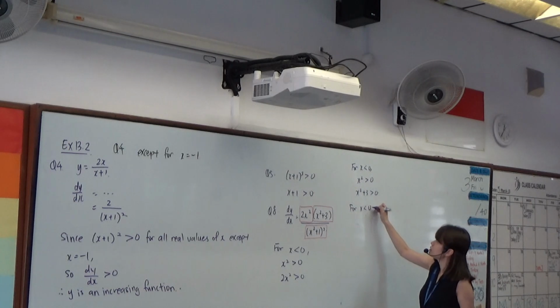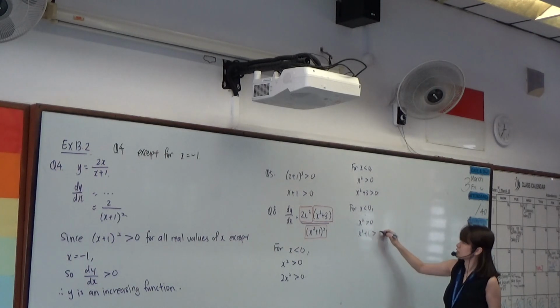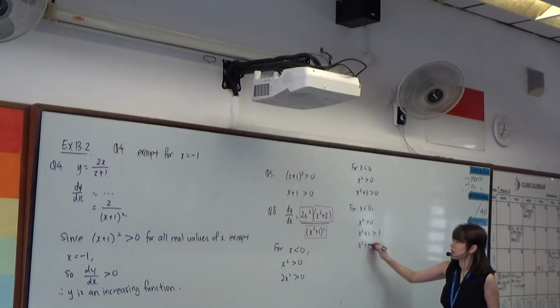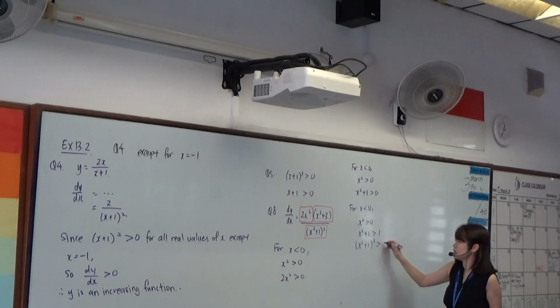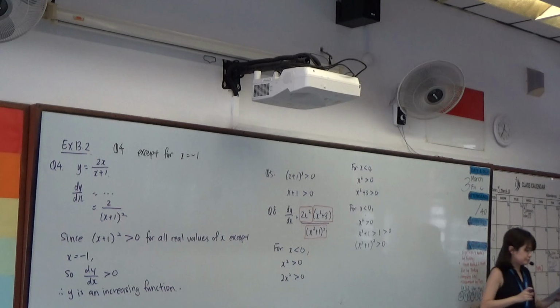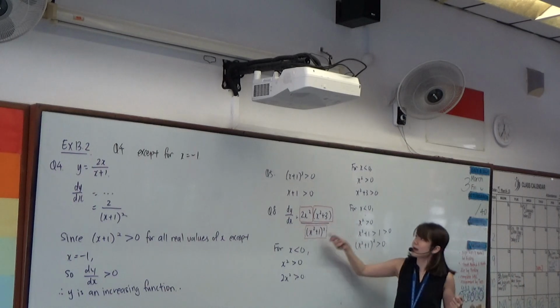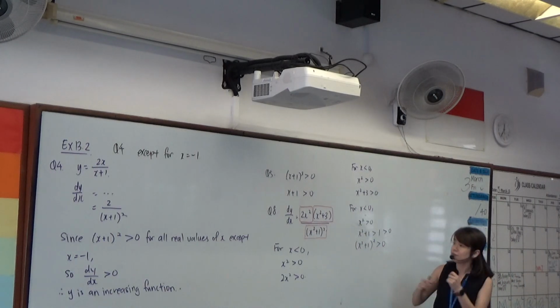And then for x less than 0, we know x squared is more than 0. x squared plus 1 is more than 1. x squared plus 1 squared will be more than 0. This one, more than 0, will be more than 0 as well. So we prove for each respective part they are always positive.